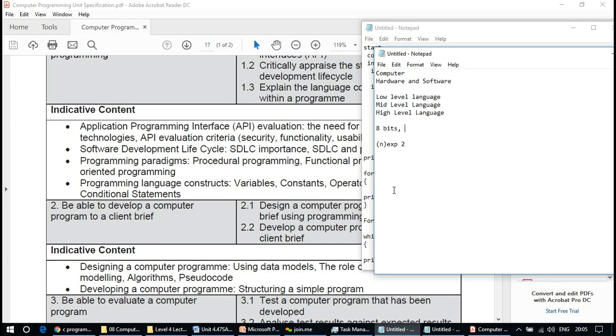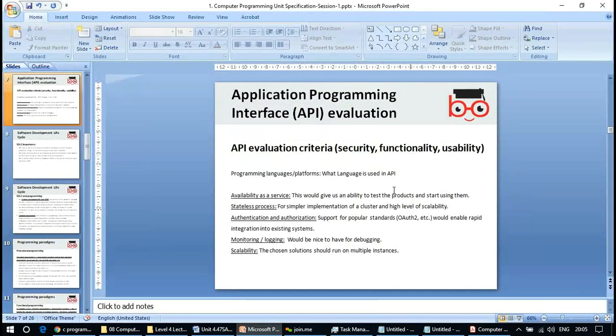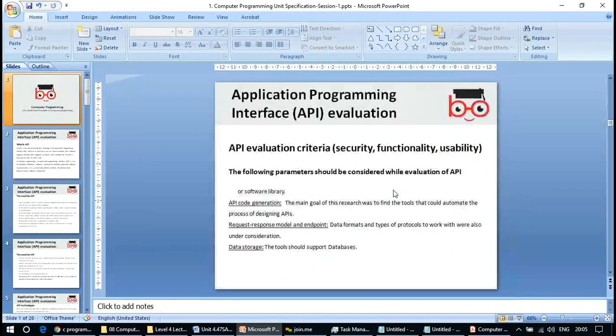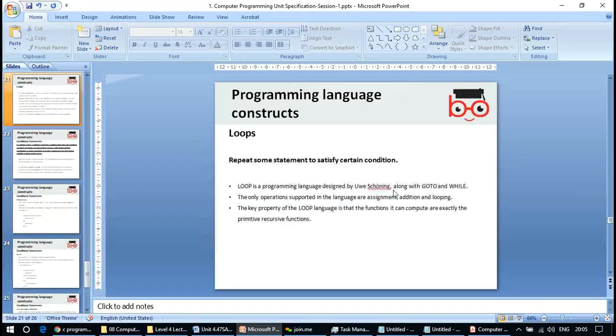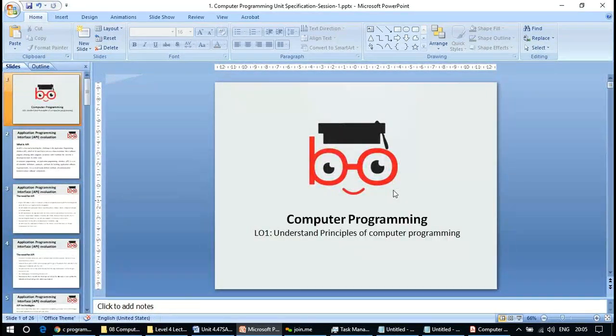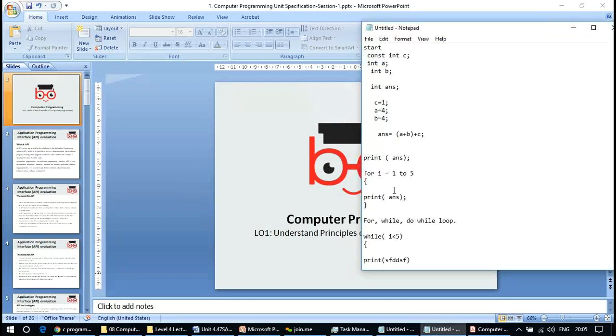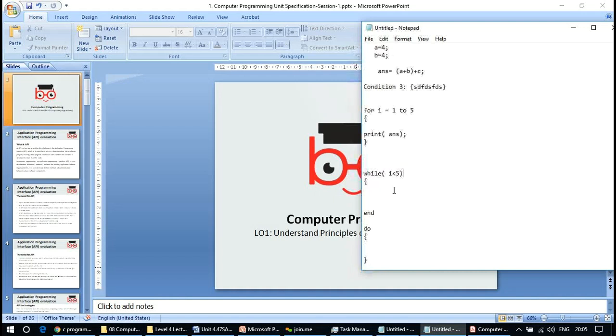Obviously I had to complete these 26 slides, but the things I have given you verbally in the notepad cover even more than these slides.